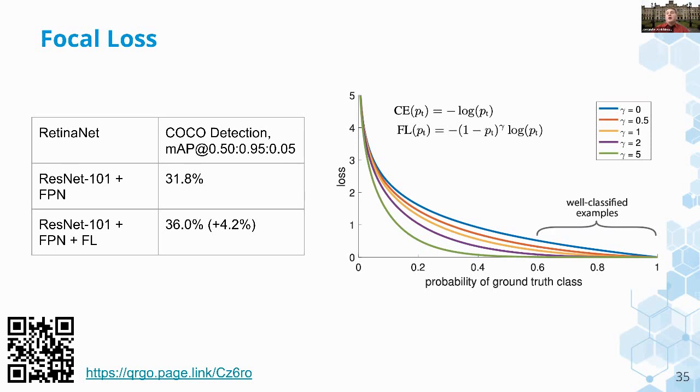When we calculate loss for such regions using binary cross entropy loss, which is depicted in blue in this plot, the loss scores of such regions lie somewhere here in the well-classified region.